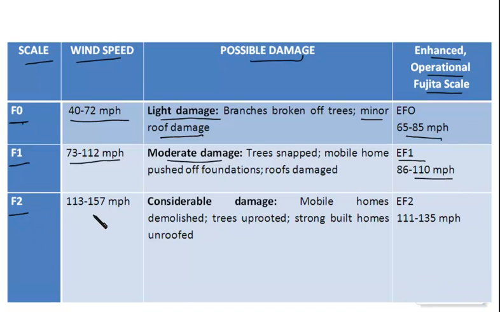Then comes the F2, which is 113 to 157 miles per hour. It is considerable damage, and EF2 is 111 to 135 miles per hour.